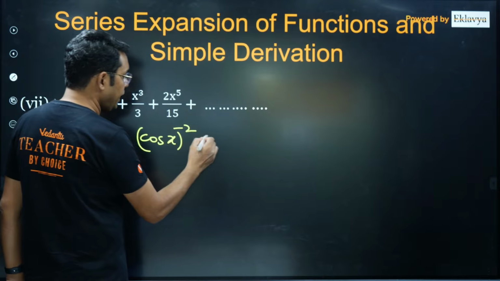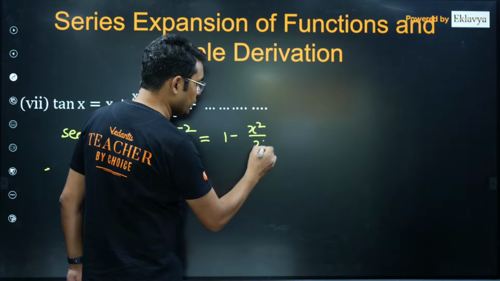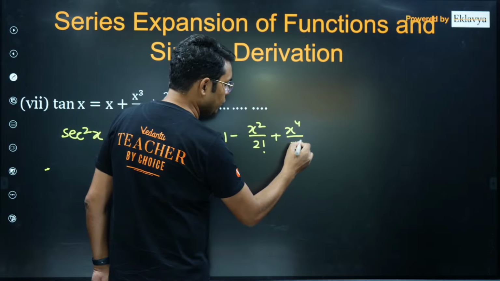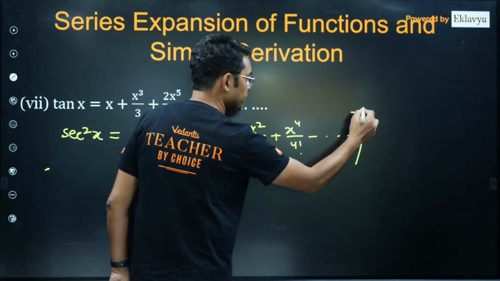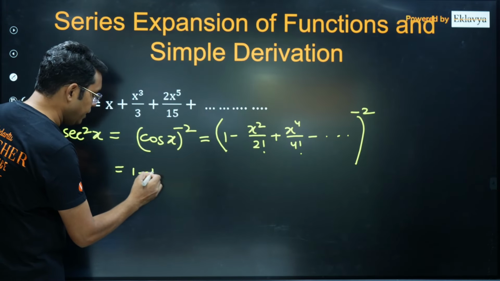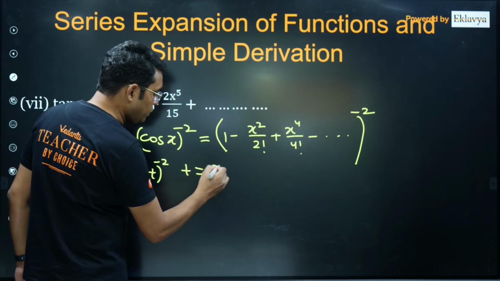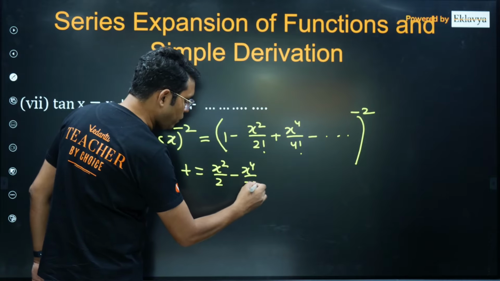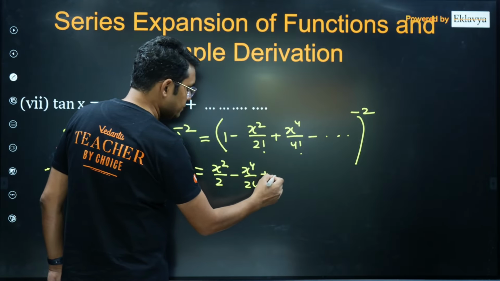And now we know the expansion of cos x, which is 1 minus x square upon 2 factorial plus x power 4 upon 4 factorial minus and so on. And this I have to raise to the power minus 2. I will write this as 1 minus t whole power minus 2, where t is equal to x square upon 2 minus x raised to the power 4 upon 24, and I will need only till x power 4, so other terms I don't need.